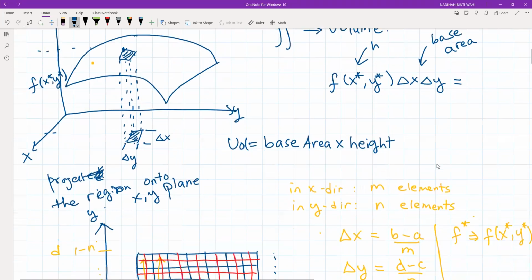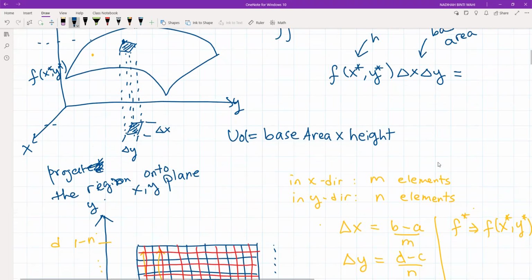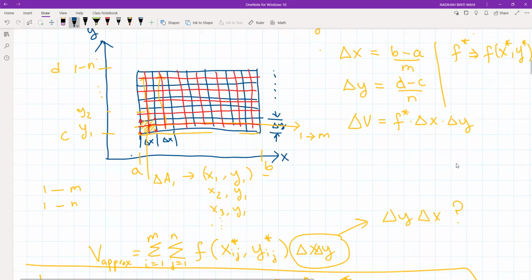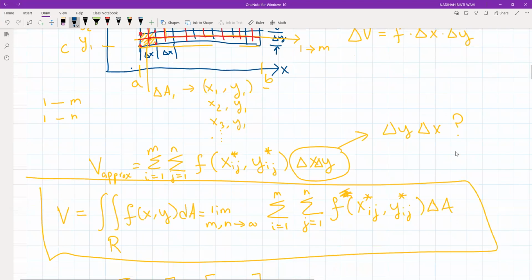It comes from your double Riemann sum, when you divide everything into small rectangles or small bases, and then add up everything from 1 until infinity. So it will be a really big number of rectangles. The double Riemann sum is just an approximation, and if you want the exact value, you should take the limit.